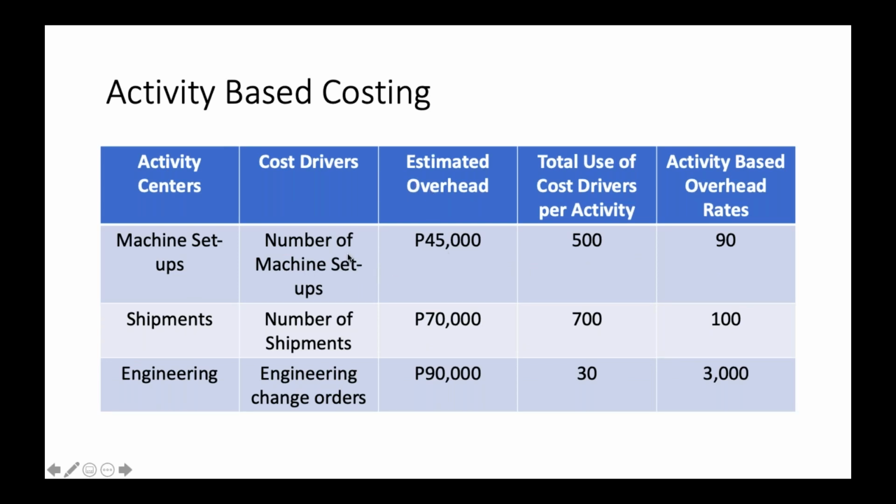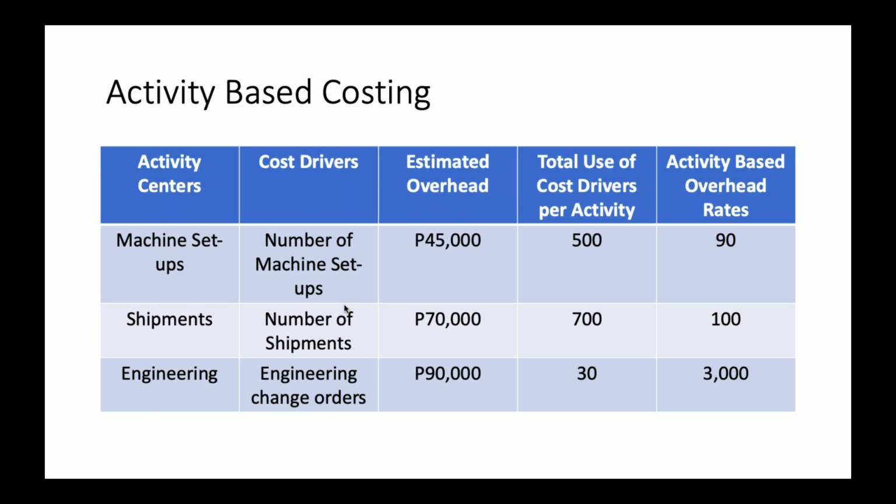So in ABC costing, we have defined already what activity centers are. These are the activities that are the source of the accumulations of cost. Drivers are the drivers of cost in that particular activity.